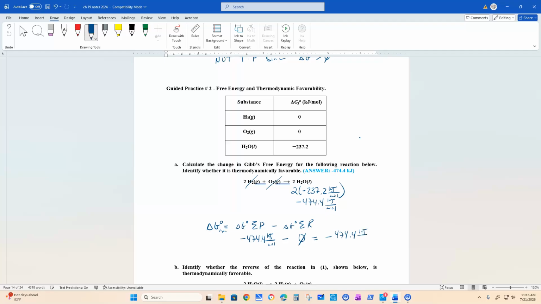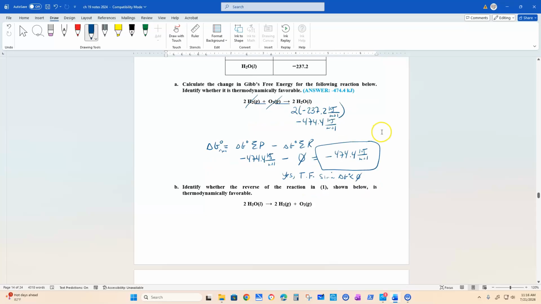So now the question comes, is it, box our answer, is it thermodynamically favored? And yes, thermodynamically favored since delta G is less than 0. Okay, easy peasy. What if we flip the equation? If we flip the equation, will it be thermodynamically favored?